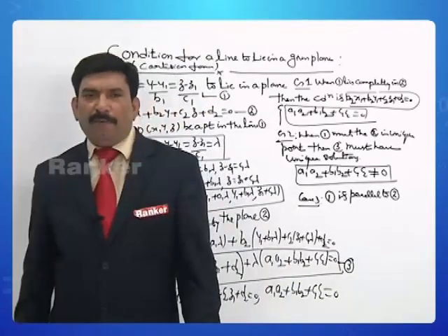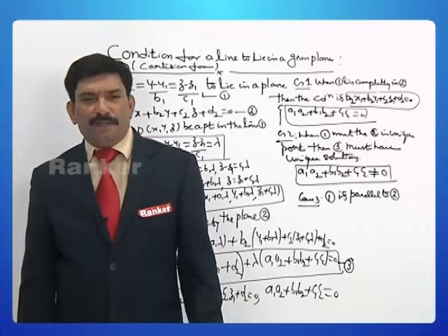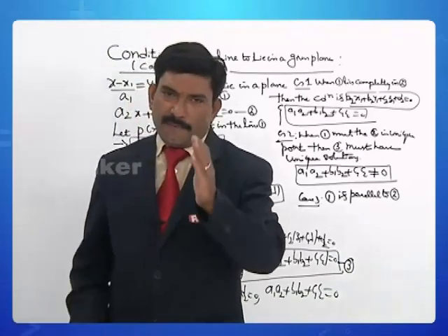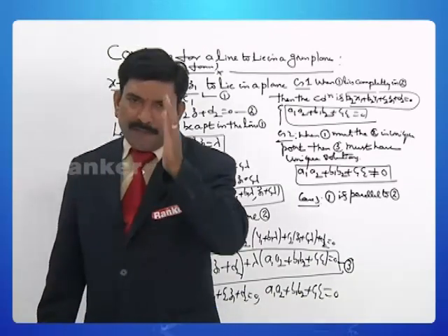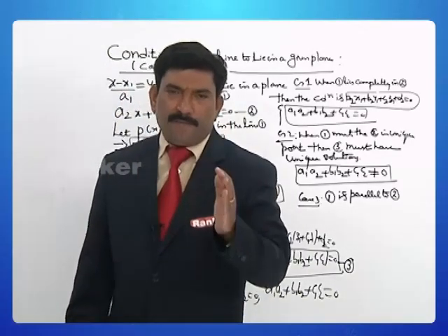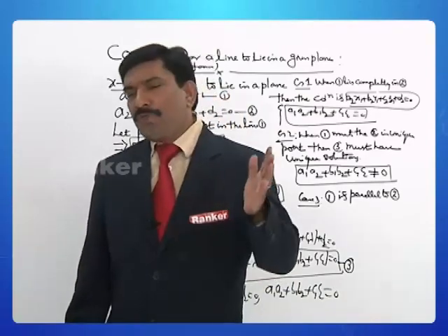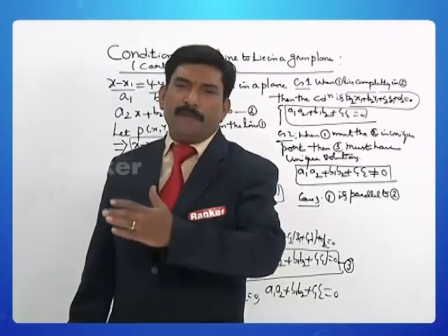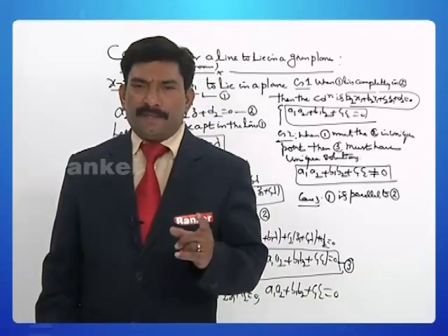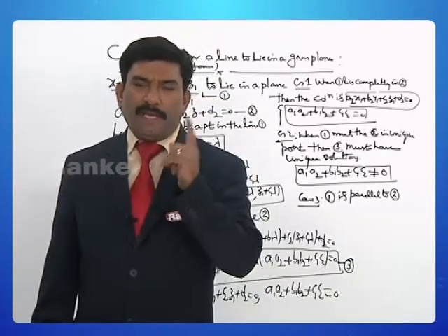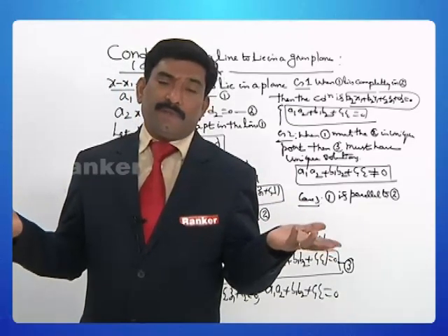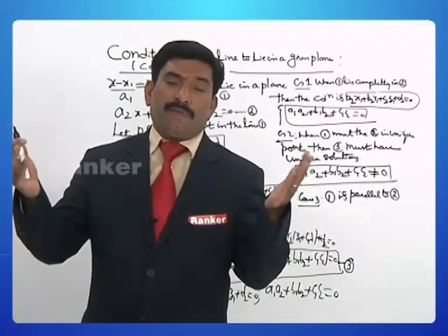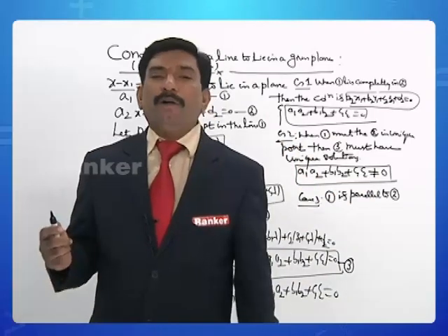I mean, a bar is equal to a1i plus a2j plus a3k, and b bar is equal to b1i plus b2j plus b3k. If two vectors are perpendicular or orthogonal, a bar dot b bar is equal to 0, that is a1b1 plus a2b2 plus a3b3 is equal to 0. It all depends upon how you consider the components of the vectors.